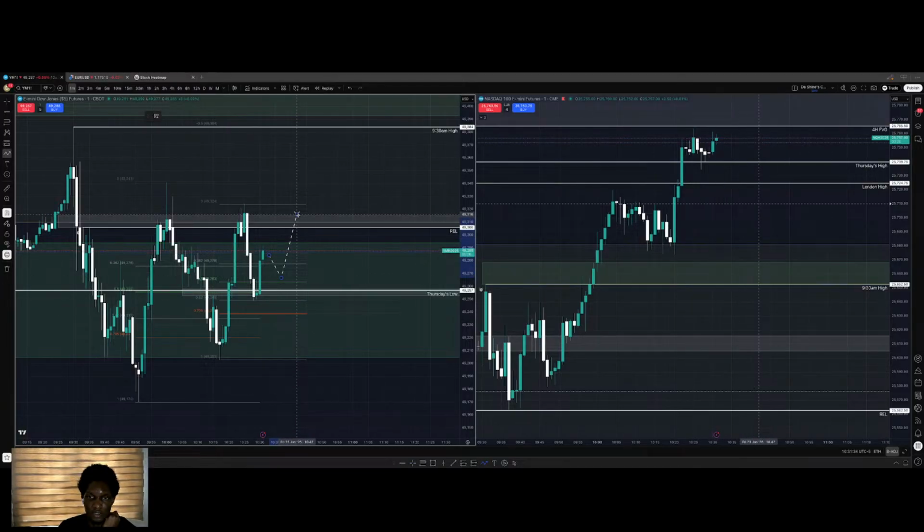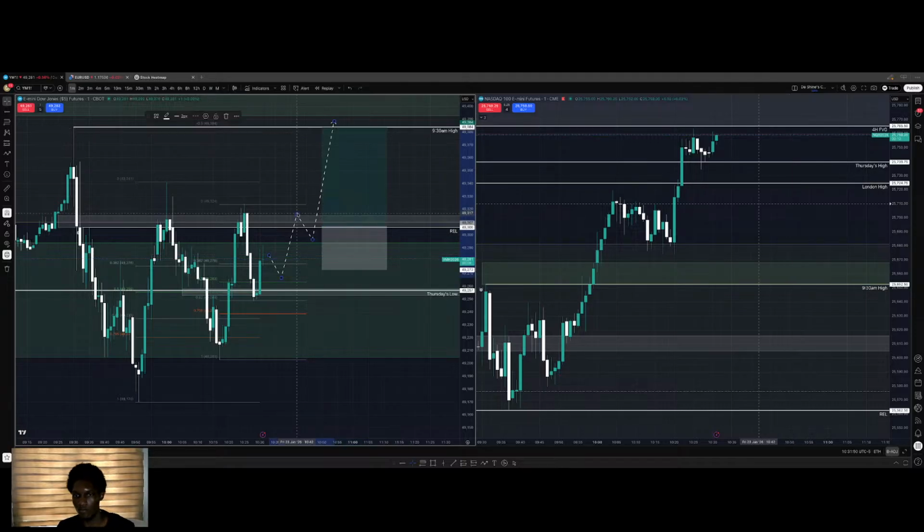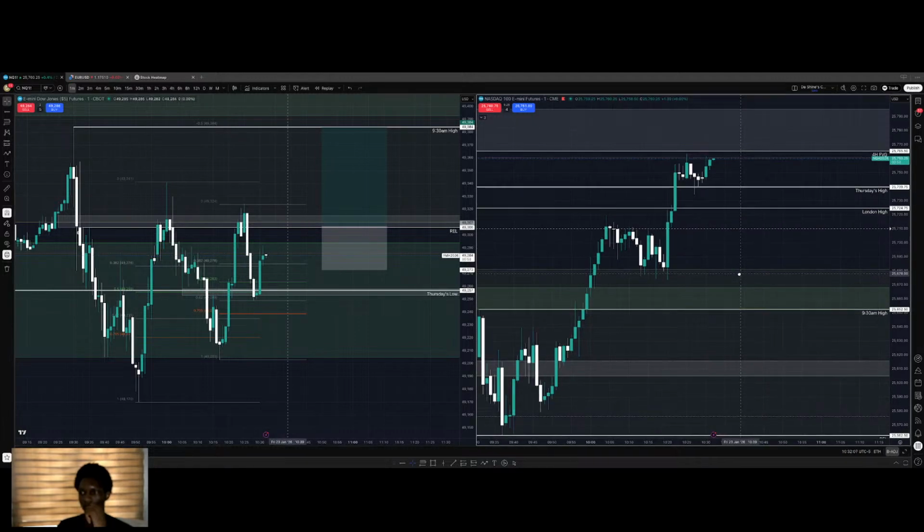If we invert, I'll probably take that, aiming for here, something like this. I say straight into this and then close above.